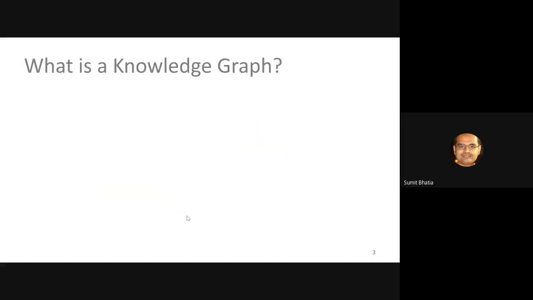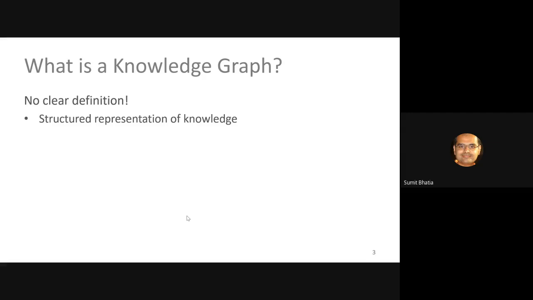Okay, so then the question may be, what exactly is a knowledge graph? The funny thing here is that there is no clear single definition of what a knowledge graph is. Different people, different companies, different organizations build their own knowledge graphs to suit their requirements, and depending on their requirements, they have slightly different interpretations or different models for storing or creating their graphs.